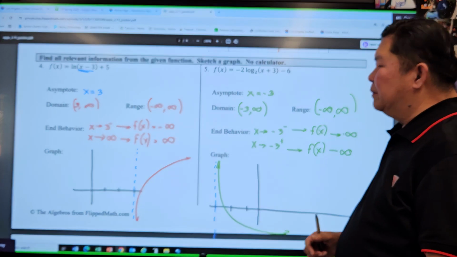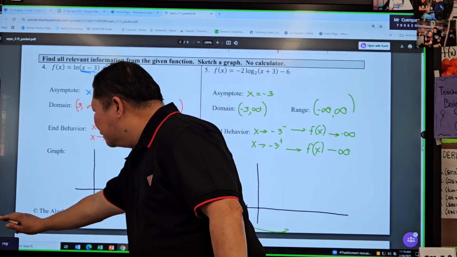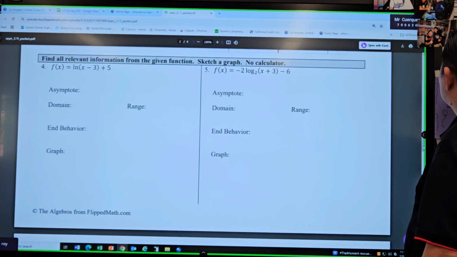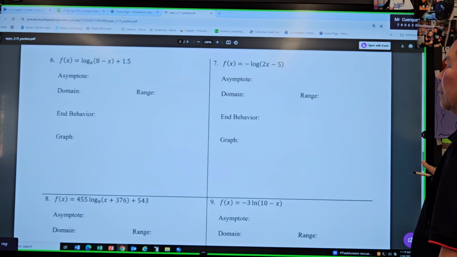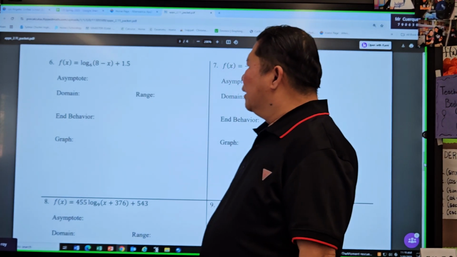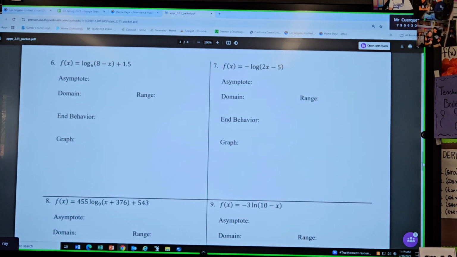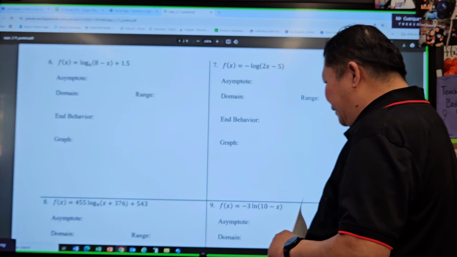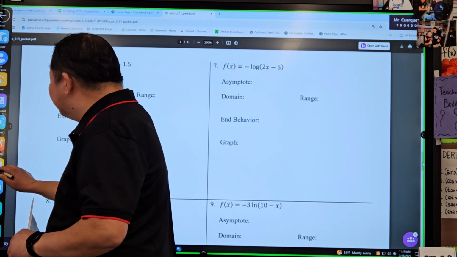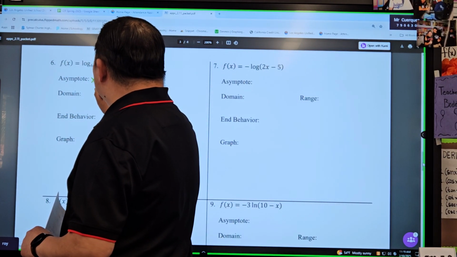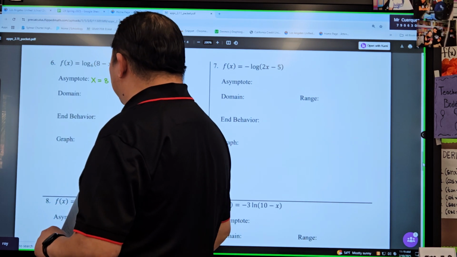Now we do number 6. Okay, what do you think is the asymptote? Left or right? So that means x equals 8. Asymptote x is equal to 8.